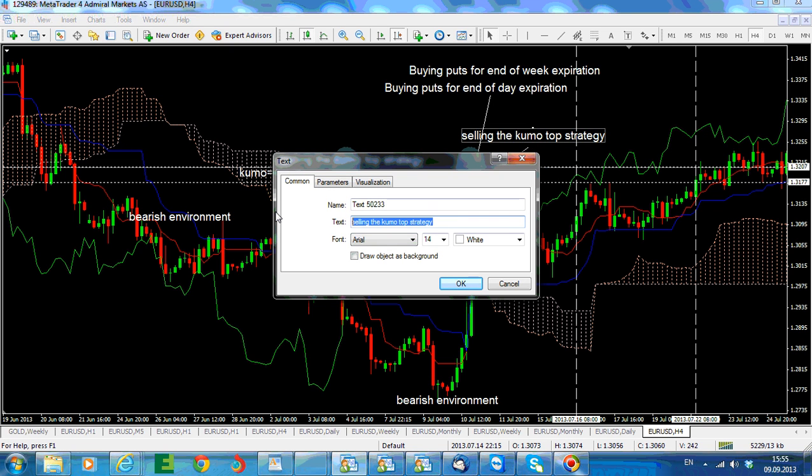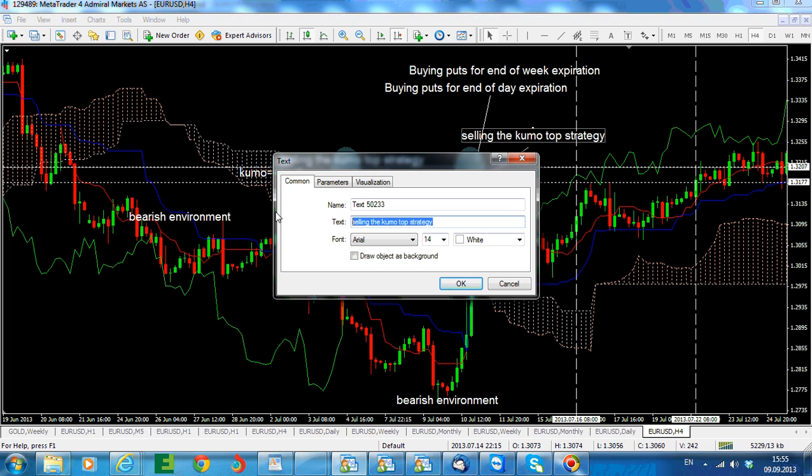Remember, these examples are made on the euro-dollar chart, but you have to know how many charts and how many currencies there are. The same strategy can be applied to all the assets you are trading, even equities. This is the beauty of trading binary options with the Ichimoku Kinko Hyo, because it allows you to take into consideration a lot of pairs.